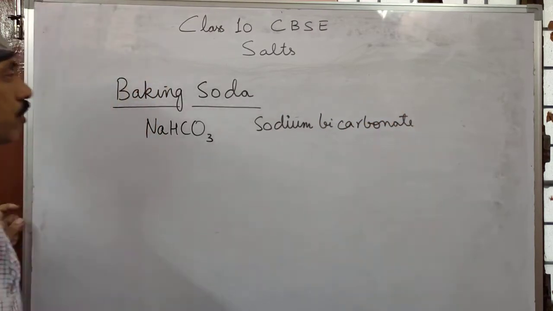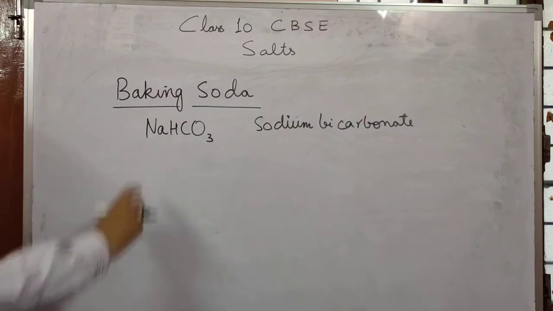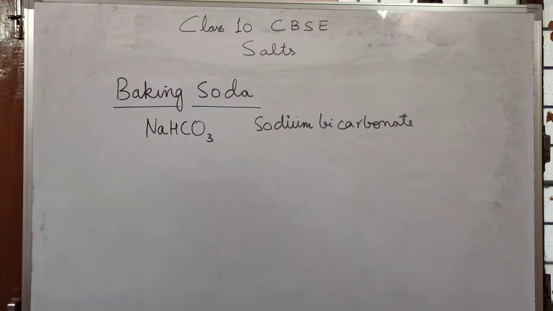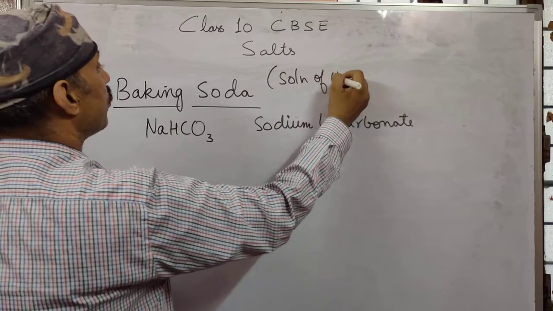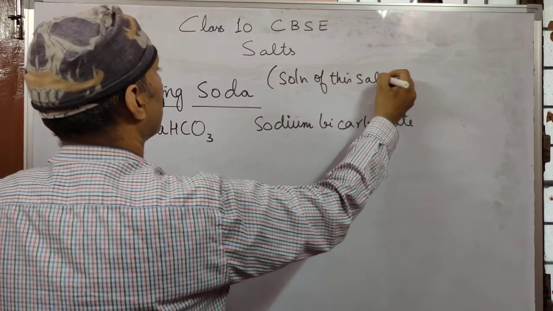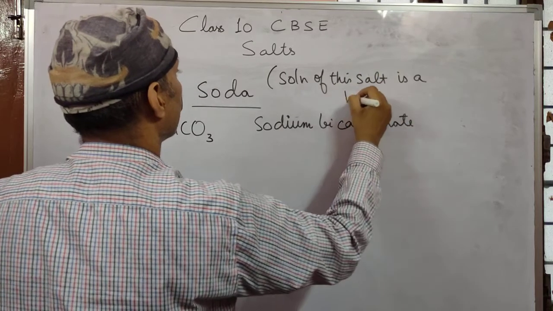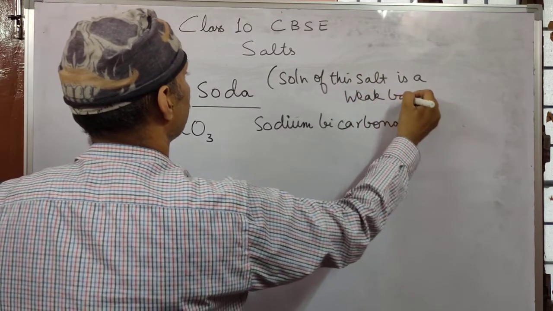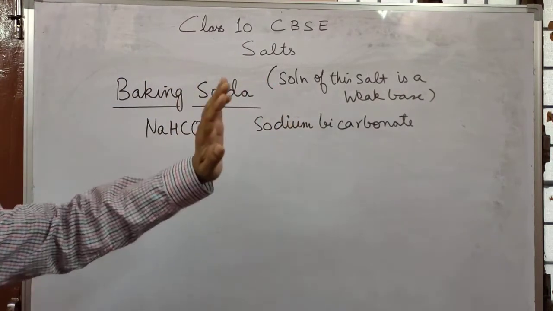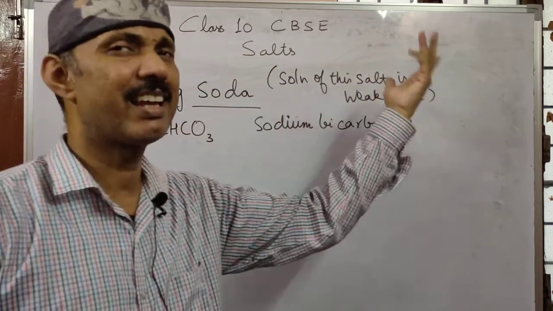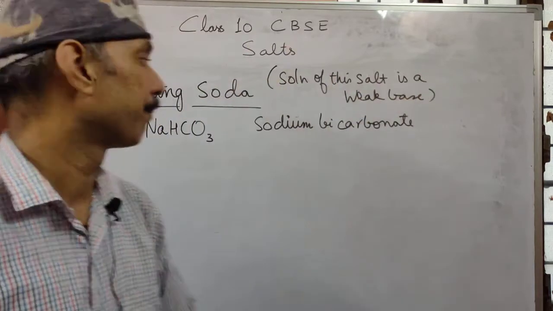Now we all know that the sodium bicarbonate solution is a weak base. Solution of this salt is a weak base. Weak base का मतलब है कि pH will be from 7 to 8. Less than 8 is always what we prefer.